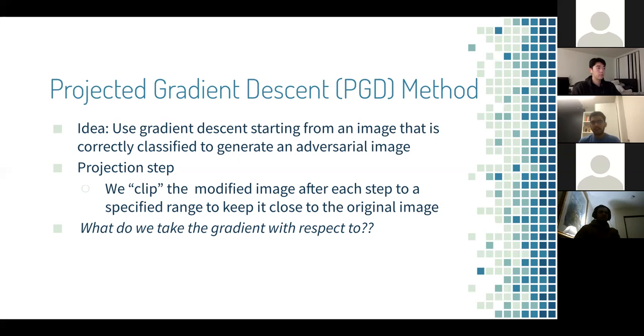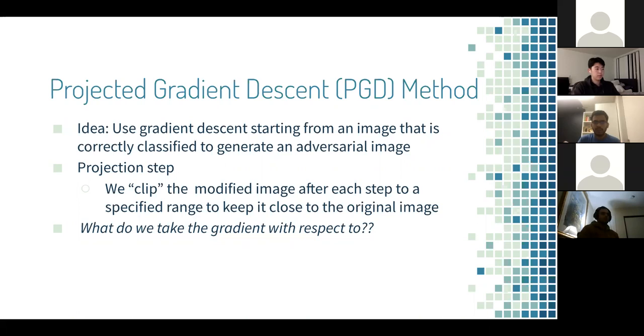But there's one important difference between regular gradient descent and this. It's something called the projection step. And the importance of the projection step is that you want a bad, corrupted input that looks very similar to the original input, on which the machine learning model does worse.